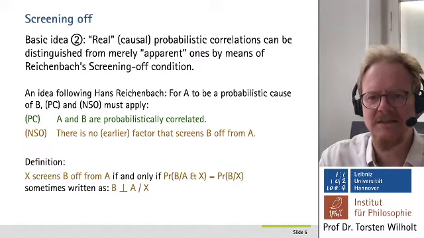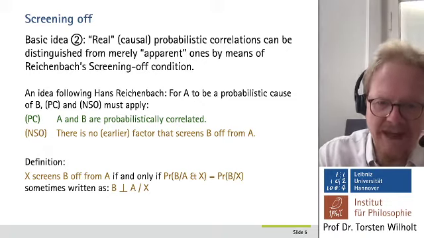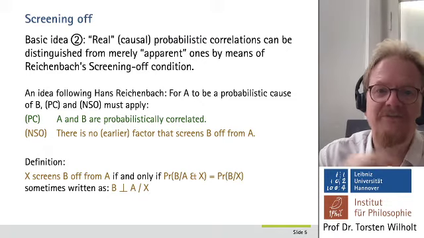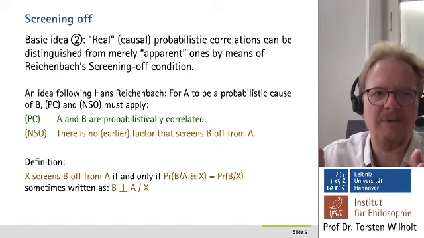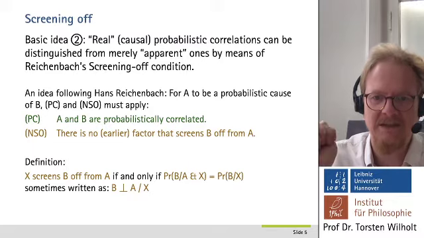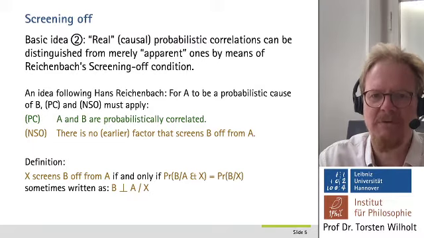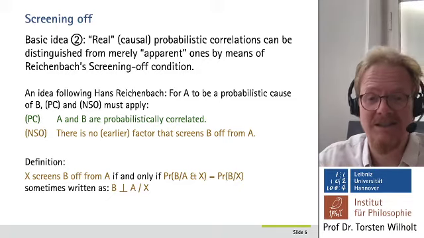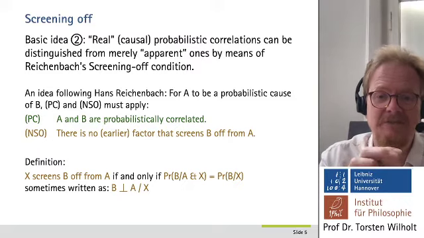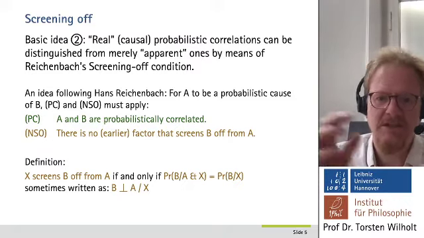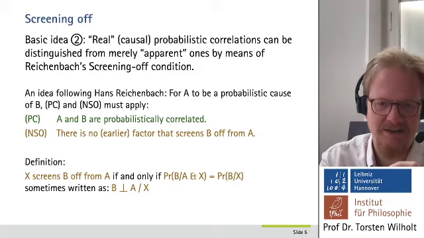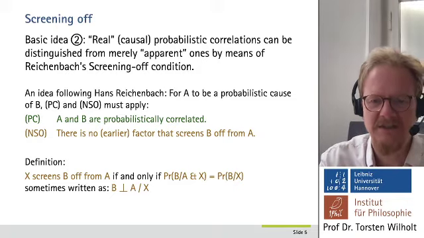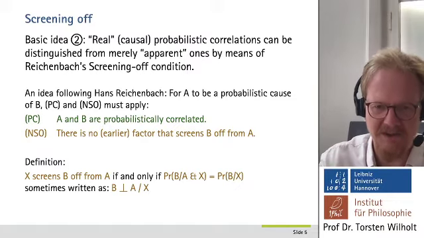But if you view everything given that there is a sudden drop in atmospheric pressure, then the probability of getting a storm given a drop in the mercury column and a sudden drop in atmospheric pressure is no different from the probability of getting a storm just given the drop in atmospheric pressure. The barometer reading seems relevant if you just look at barometer reading and the storm, but it becomes irrelevant if you start considering atmospheric pressure.